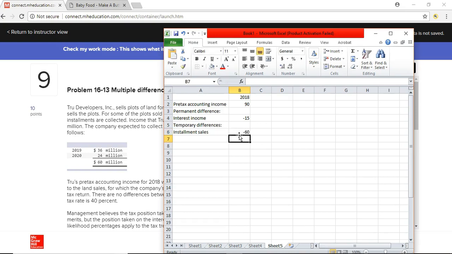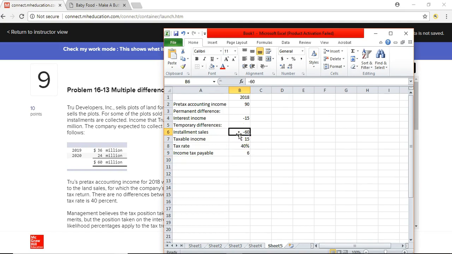So if there's no cash inflow, you don't need to pay tax. Therefore, we have taxable income of 90 plus a negative 15 plus a negative 60. So taxable income is $15 million. Tax rate is 40%. Therefore, income tax payable is 15 multiplied by 40%, $6 million.